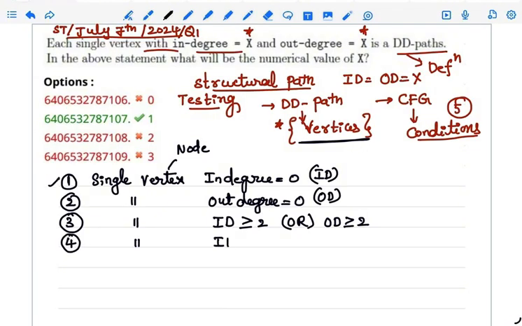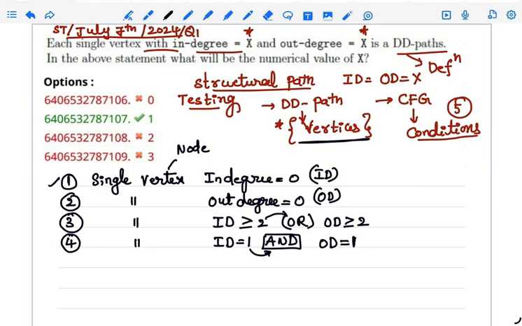The fourth condition: in degree equal to 1, and friends, please remember, here if it is 1 it is an and condition, and if it is 2 it is an or condition, you can remember like this. And out degree is also 1.